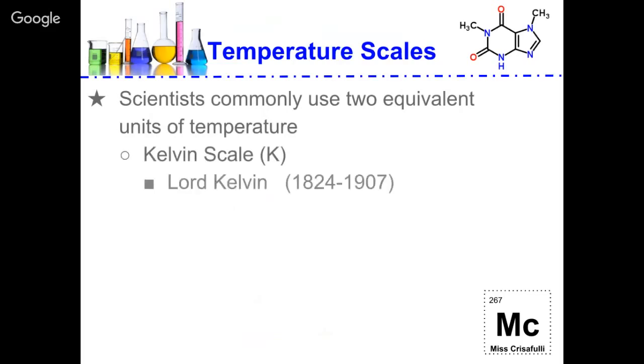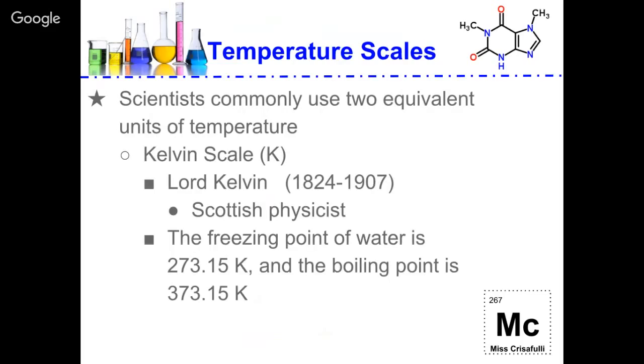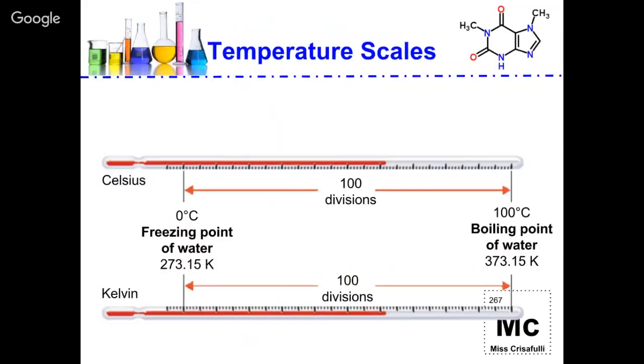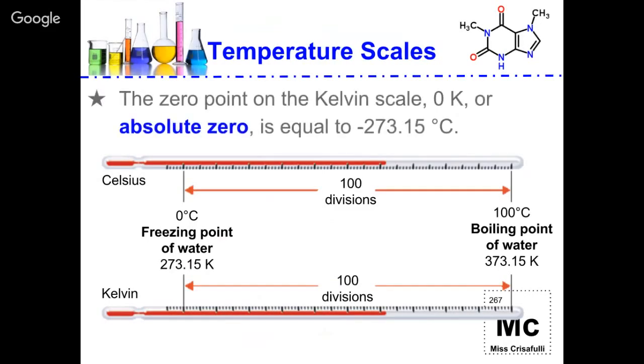Now, the Kelvin scale allows us to not have a negative value. The 0 point on the Kelvin scale, or 0 Kelvin, is what we call absolute zero, and it is equal to negative 273.15 degrees Celsius.